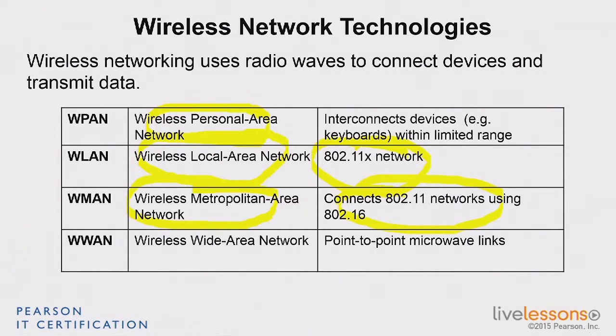And lastly, a WWAN, which is a wireless wide area network, and that connects using point-to-point microwave links. So you want to make sure that you can recognize what a WPAN, a WLAN, a WMAN, and a WWAN are. And they really all make sense, with PAN being personal, LAN your local area network, MAN your metropolitan area network, and WAN being your wireless area network.